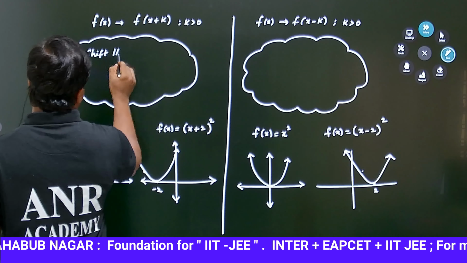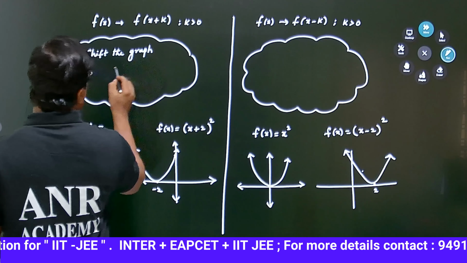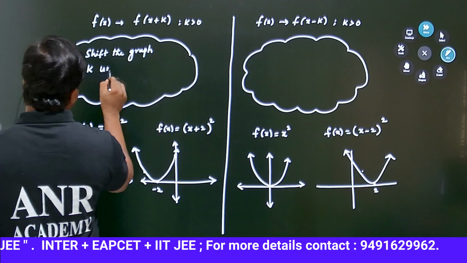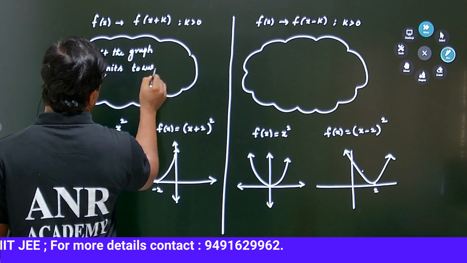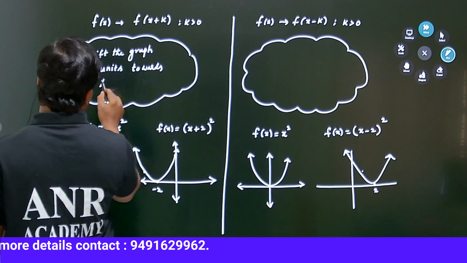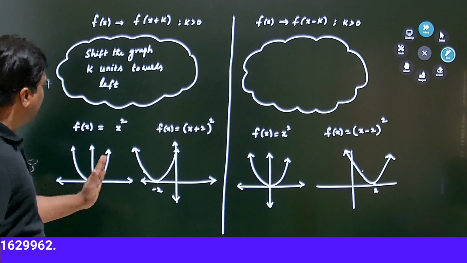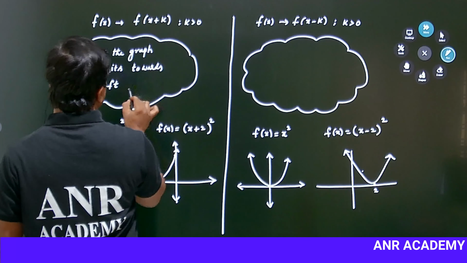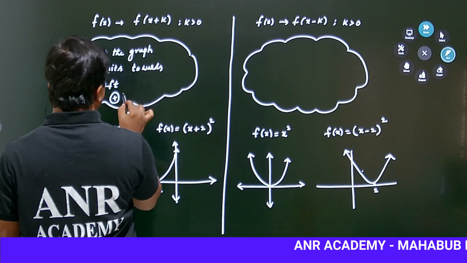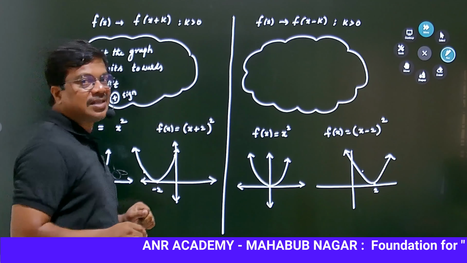So that I can write here: shift the graph k units towards left. Entire graph k units towards left when you have plus sign. For plus sign, remember here we are going to shift left side.